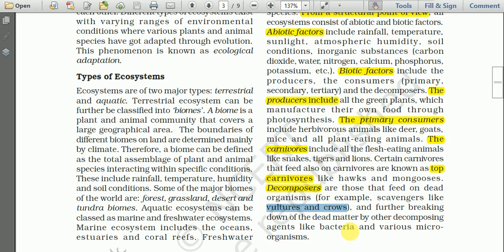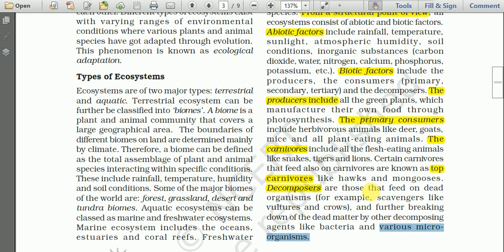So not only vultures and crows, we have different types of bacteria that will break down the dead matter and at the same time also use it. And not only the bacteria, various other microorganisms also come under decomposers.